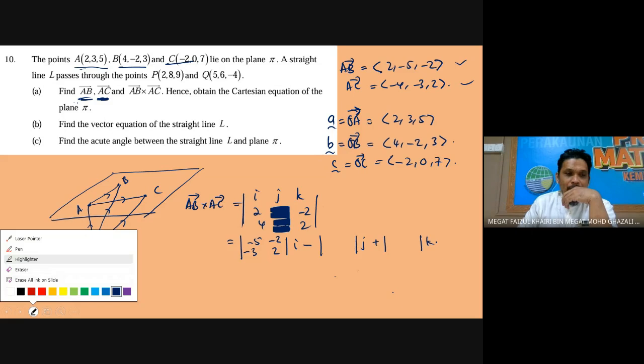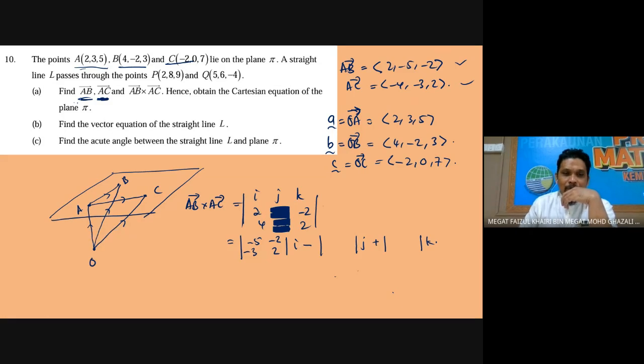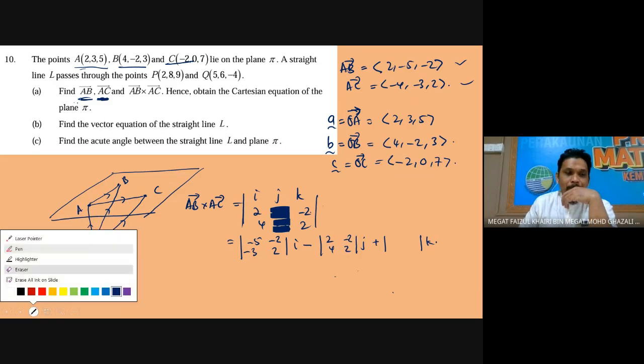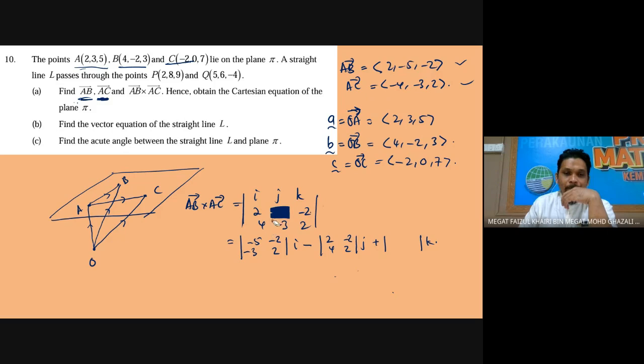So what's left is 2, -2, -4, and 2. And then we hide the elements of k. So here we have 2, -5, -4, -3.